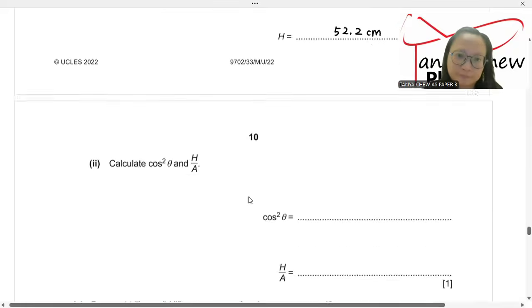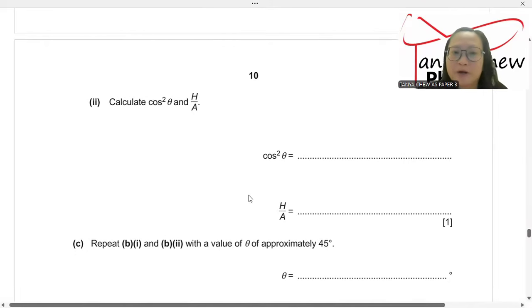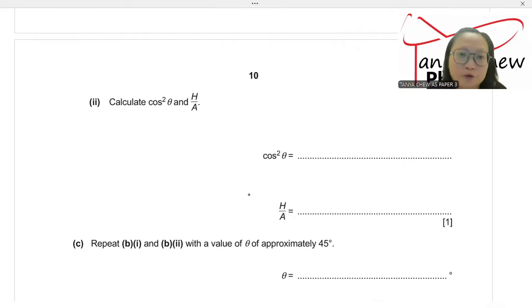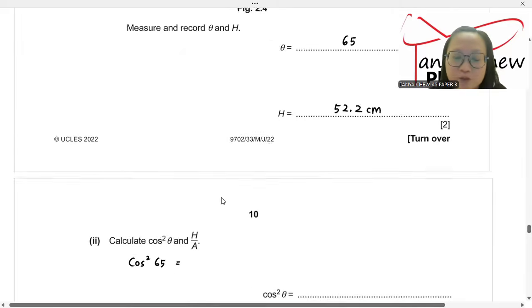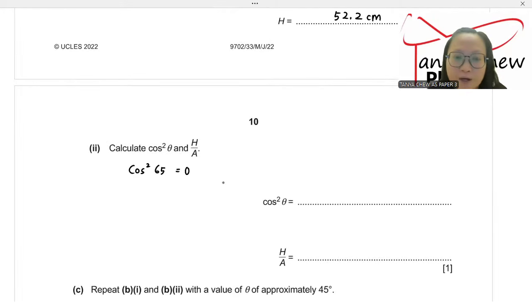Put a unit. And then calculate cos square theta and h over A. Cos square 65. Since theta has 2 significant figures, my cos square theta would take 2 significant figures, 0.18.